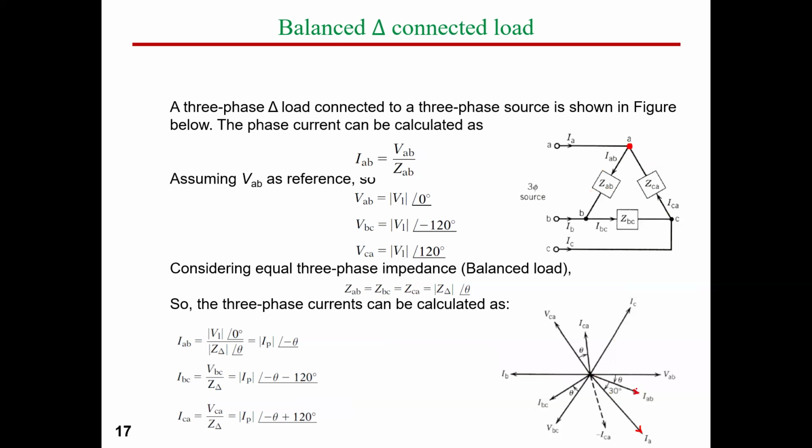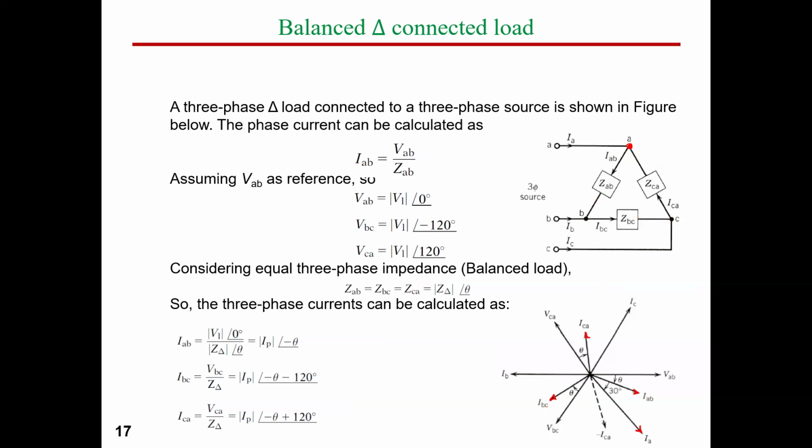If you would like to get IA from IAB and ICA, so this is IAB, and this is ICA. So apply at this node. So we can say IAB minus ICA.